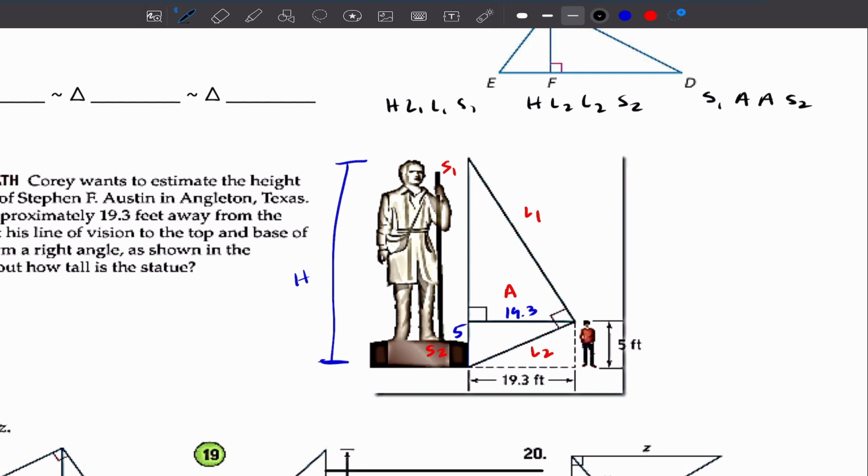Okay, so segment 1, we don't even know what segment 1 is, and that is actually a requirement that we have to figure out what segment 1 is, because if we know that this here is 5, whatever this is, that's going to help us figure out our hypotenuse. So segment 1, we're going to call that x.